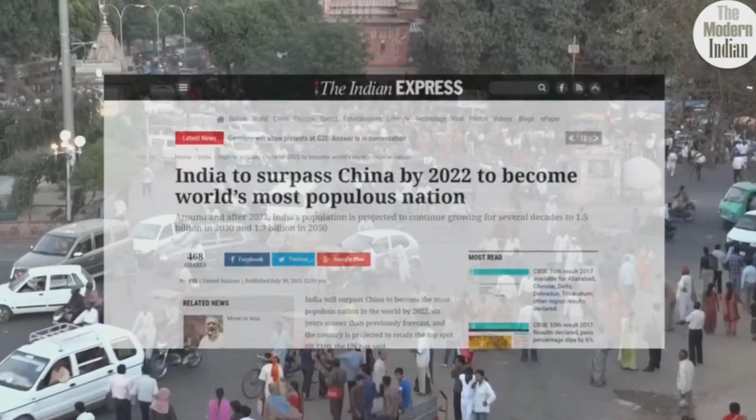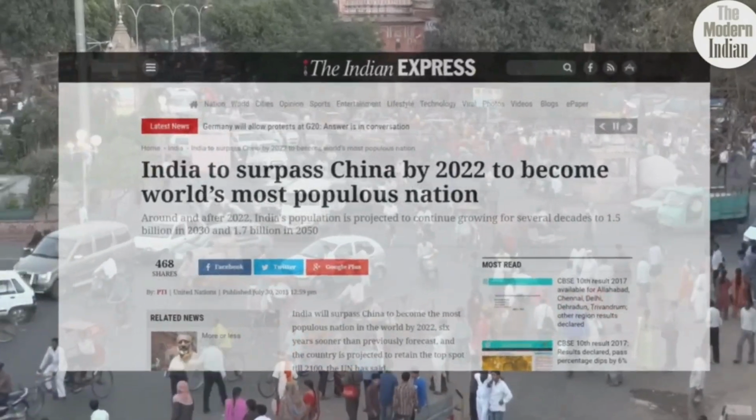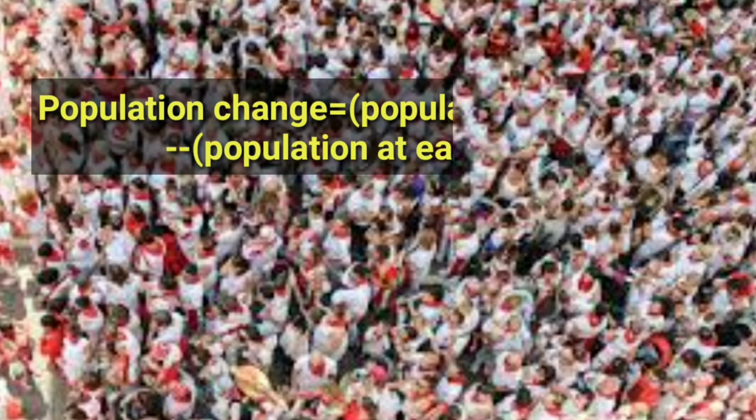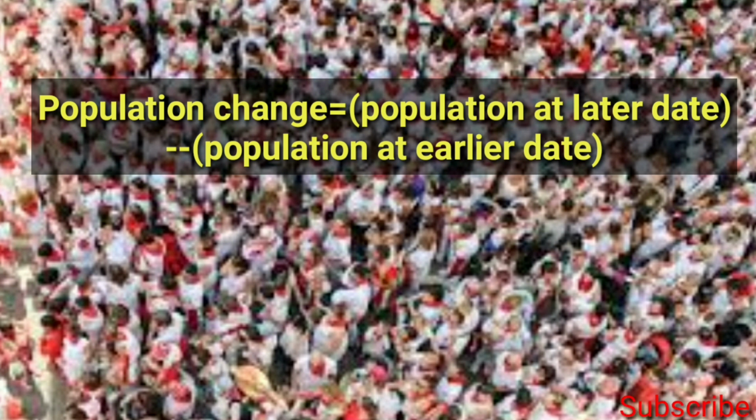And the change is expressed in two ways. One is as absolute numbers, and the second one is as percentage change. So we can express the population change in absolute numbers as subtracting the earlier population from the later population.